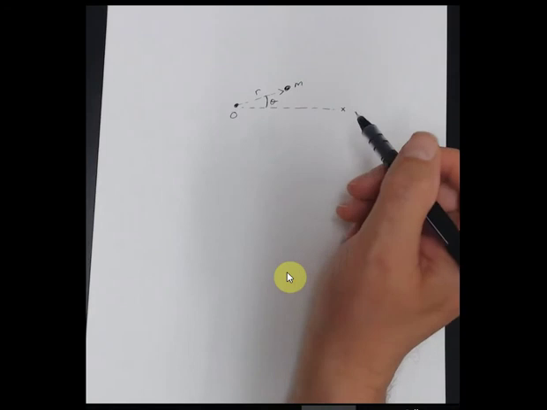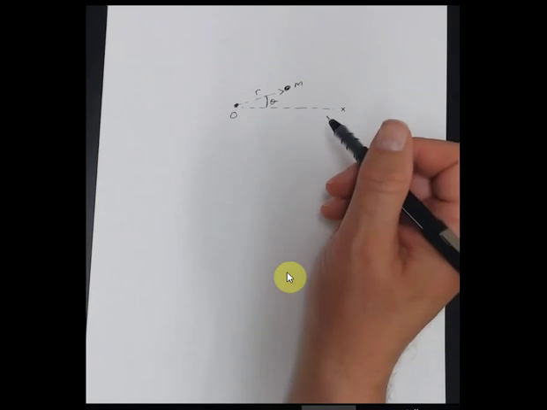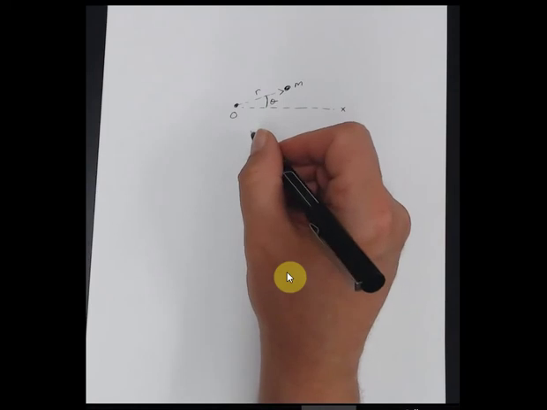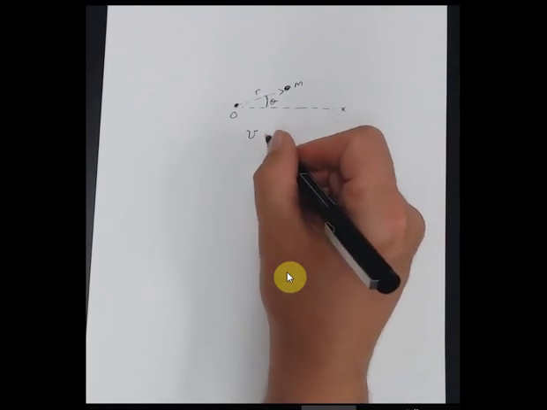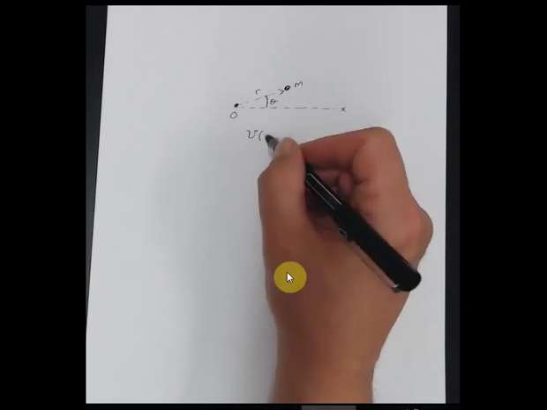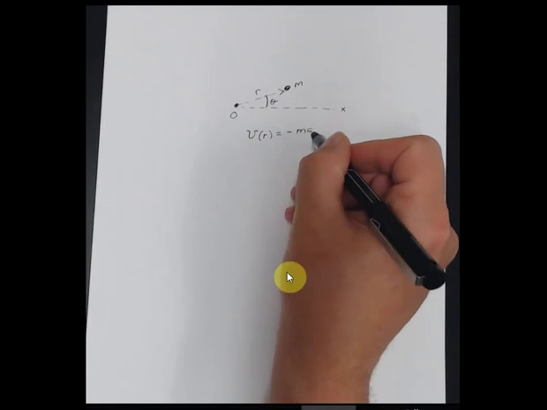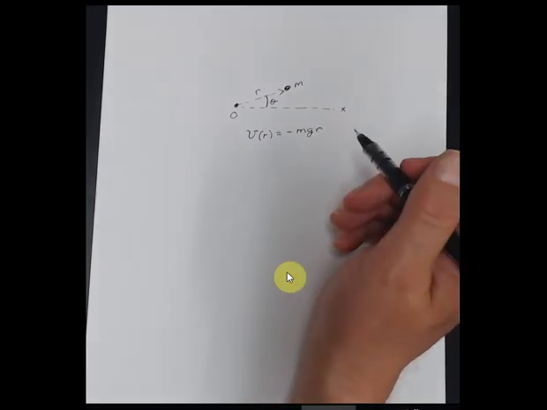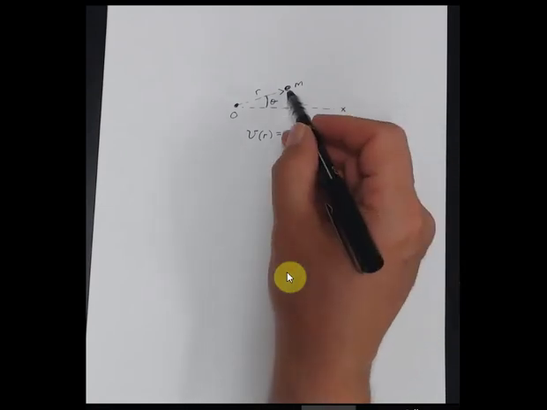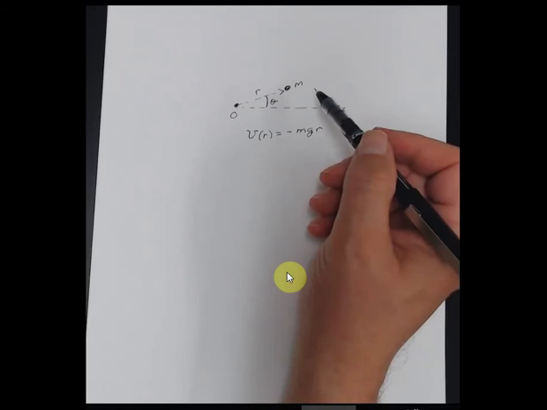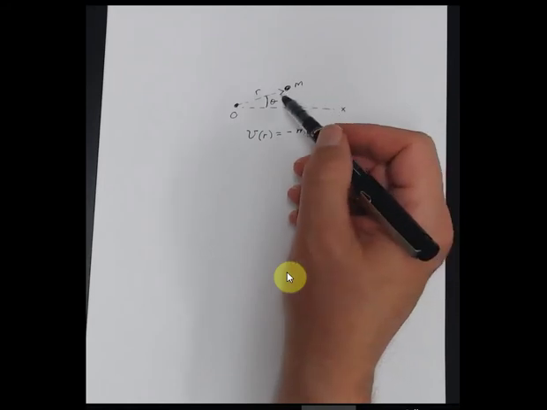That's theta. So let's say that the potential energy for this depends on how far it is from the center. Let's just say it's a function of r, negative, I'm going to call it mgr. So this thing can move all over the place. It obviously depends on two coordinates.